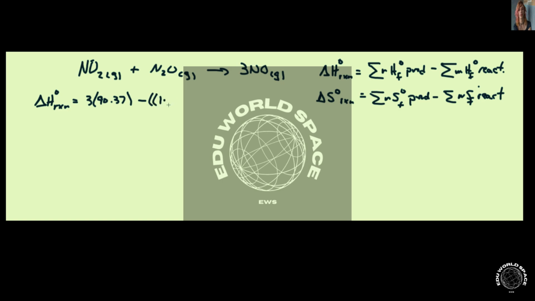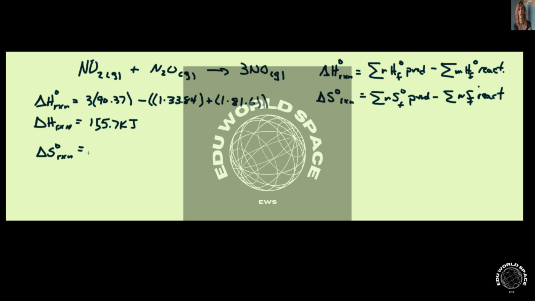We have NO2, which has a value of 33.84 kilojoules per mole, and N2O, which has a value of 81.6 kilojoules per mole. When we do the math, we find that the enthalpy of reaction is 155.7 kilojoules.